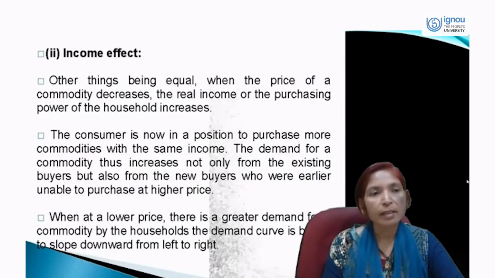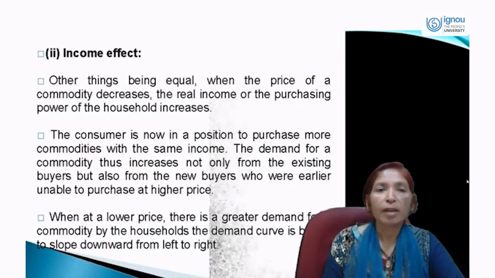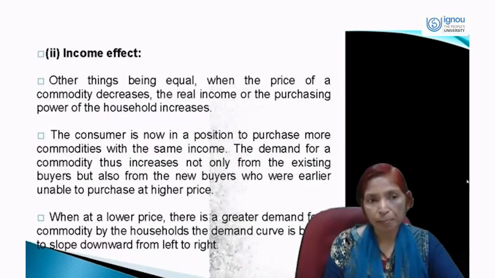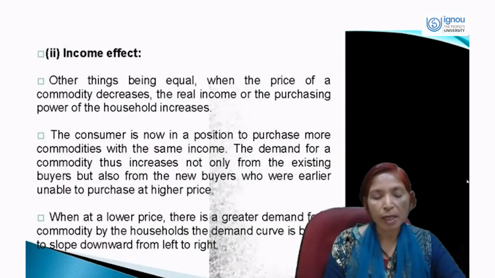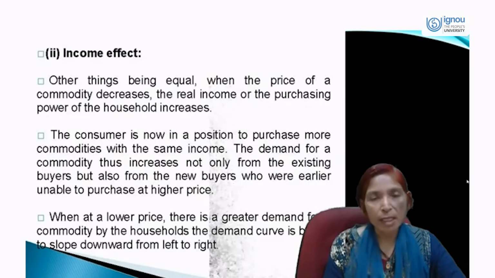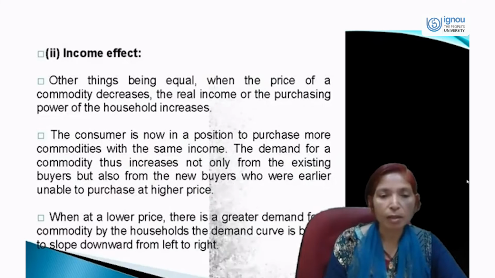The income effect says that, other things remaining constant, when the price of a commodity rises, real income falls, and when the price of the commodity decreases, the real income of the consumer will rise and demand will rise. So, due to a rise in price, real income will fall, and due to a fall in price, real income will rise. In this case, there is an inverse relationship between price and real income. That's why the demand curve slopes downward.